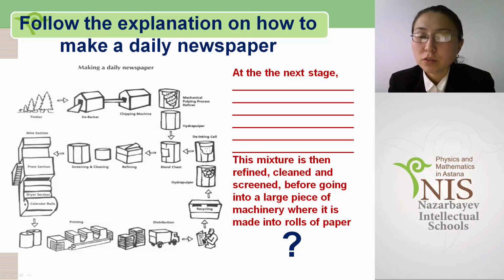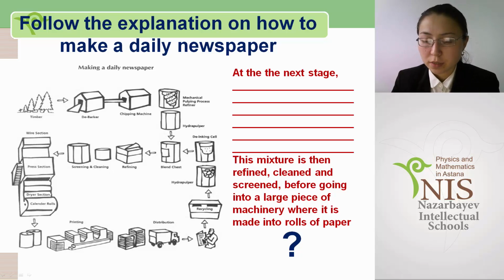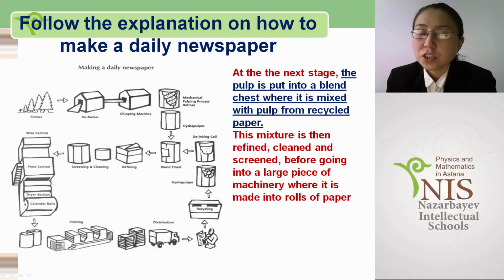Following the explanation on how to make a newspaper, you need also to know the following things. You need to write the explanation itself. What will you write here? Okay, very good. Now let's compare the answers. At the next stage, the pulp, we stopped at pulp, is put into blend chest, where it is mixed with pulp from recycled paper.